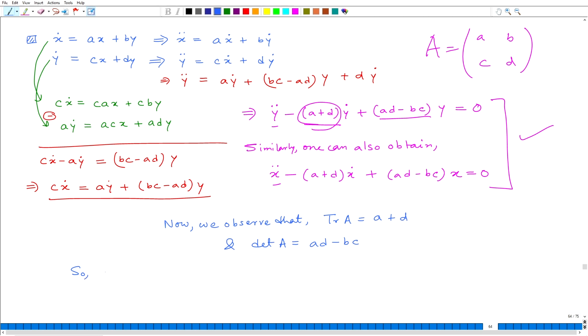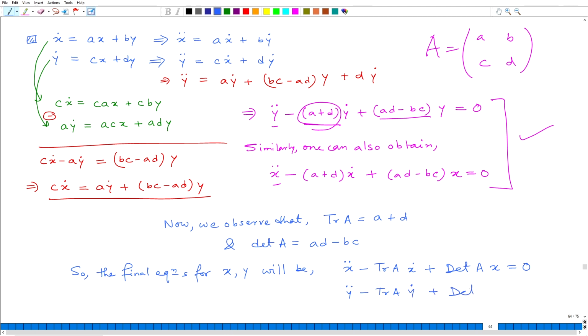So, the final equations for x and y will be x double dot minus trace of A times x dot plus determinant of A times x equal to 0, and y double dot minus trace of A times y dot plus determinant of A times y equal to 0.